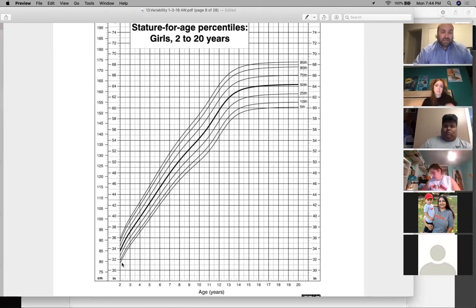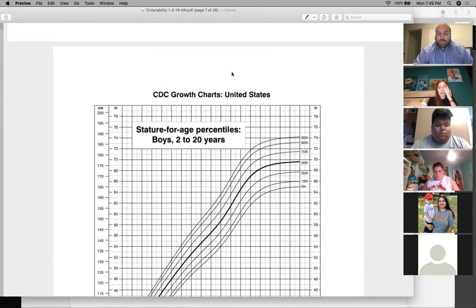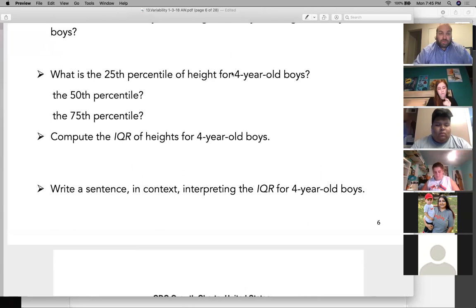But that middle 90 seems to go from about 31 inches to 36 inches, which is a 5-inch variability. Whereas for 14, it goes from 59 to 67 plus, which is 8 something. So it's more, not that much more, but it is more. So more variability in the 14-year-olds.